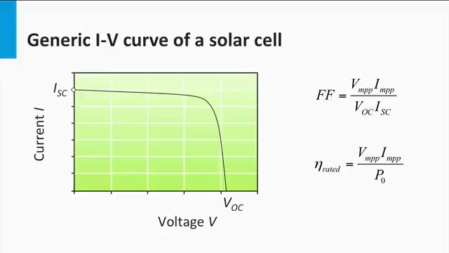As a quick recap, you might remember how a solar module exhibits similar output characteristics to a solar cell, as a module is nothing but an interconnection of solar cells. In a nutshell, it can be said that just like for the solar cells, a set of parameters can be similarly defined for the solar modules, like module efficiency, module fill factor, the open circuit voltage, and the short circuit current.